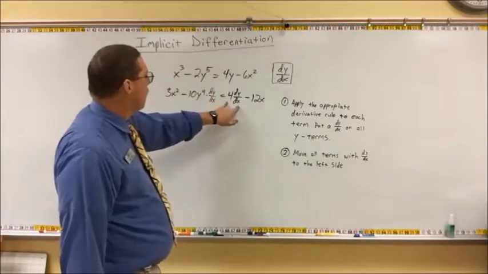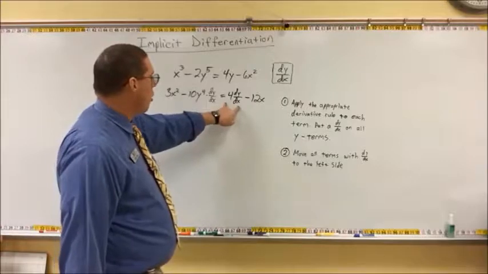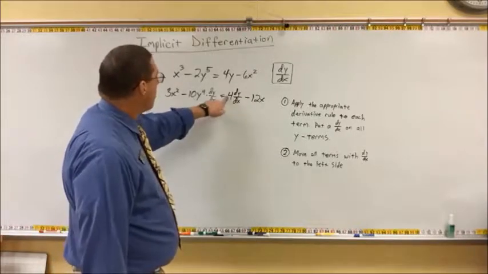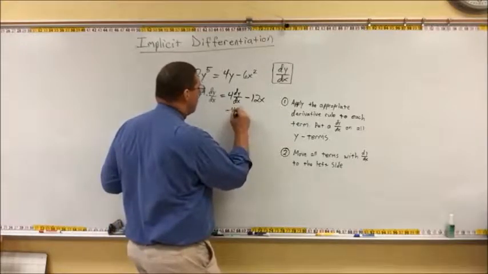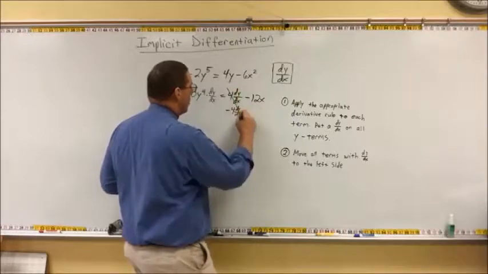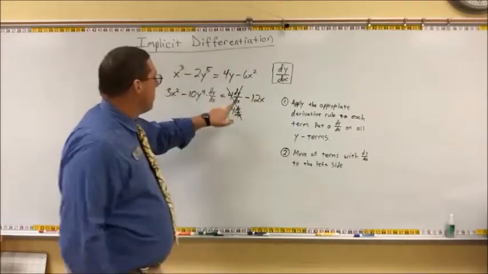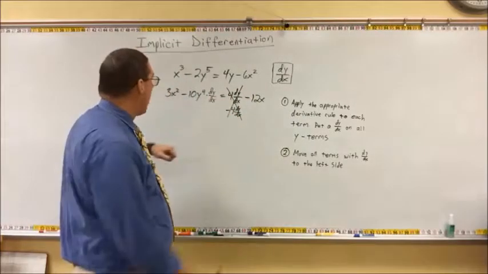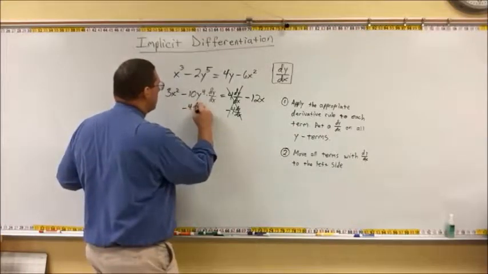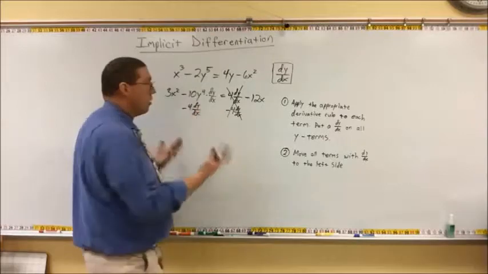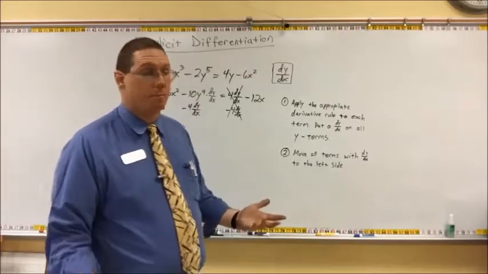So we're going to move this 4 dy/dx over to this side. How? Well, it's a positive 4 dy/dx, so we're going to go minus 4 dy/dx, and that's going to cancel it. But if I minus 4 dy/dx on this side, I have to minus 4 dy/dx on this side, because it's an equation. It has to remain balanced.